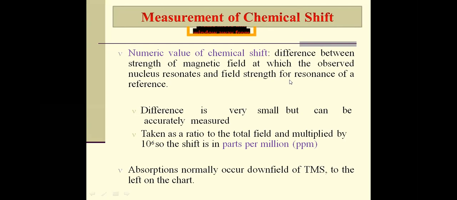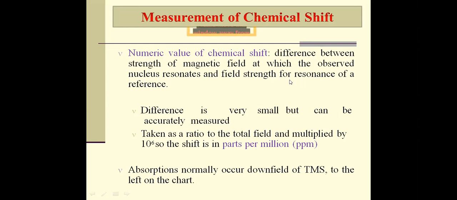So now, chemical shift. I have told you that chemical shift is basically a value, and it shows the position of the NMR peak, which may be away from the TMS, and that is called deshielded. So how can we determine the numeric value of the chemical shift?